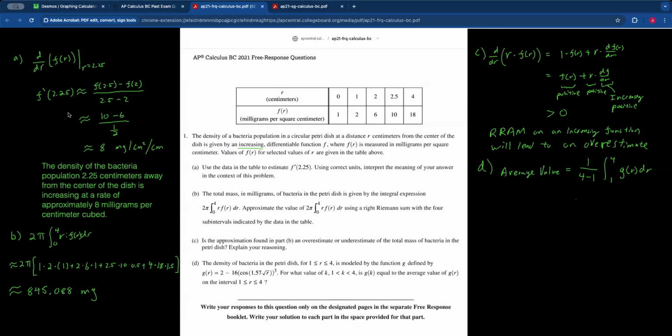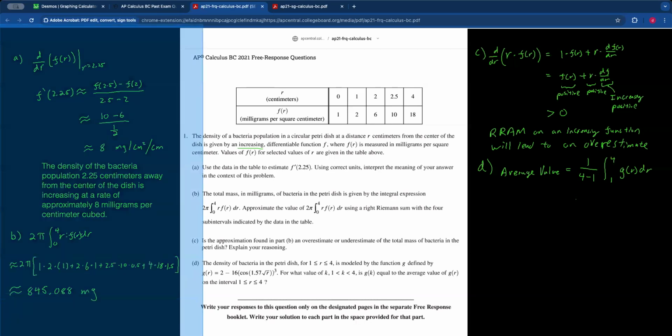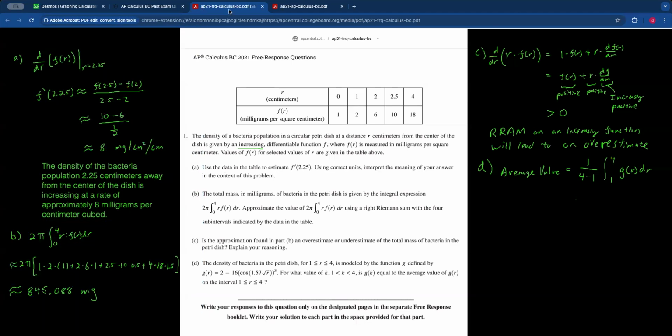So let me take this and actually write down g. This equals 1 over 3 times the integral from 1 to 4 of 2 minus 16 times cosine of 1.57 square root of r, in quantity, and then cubed.